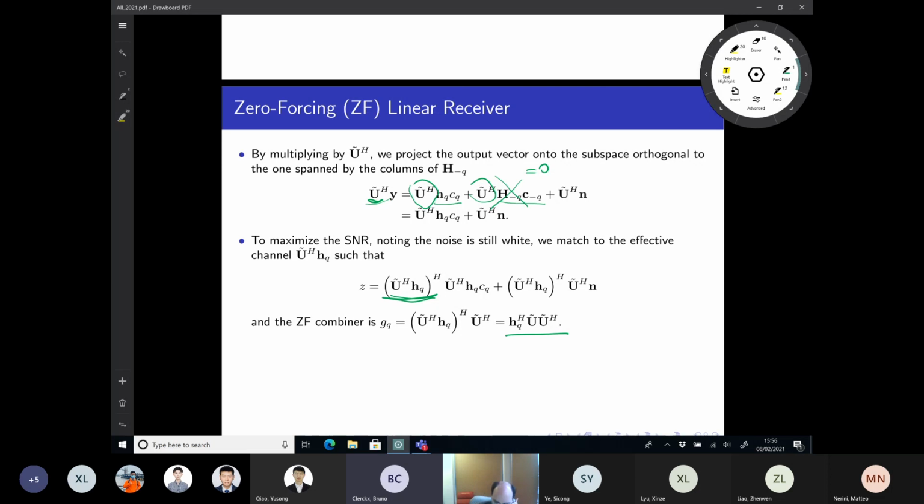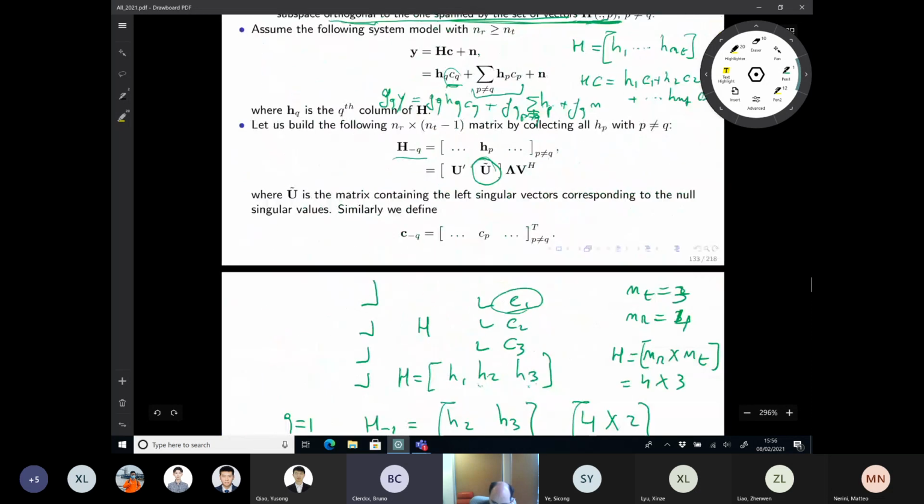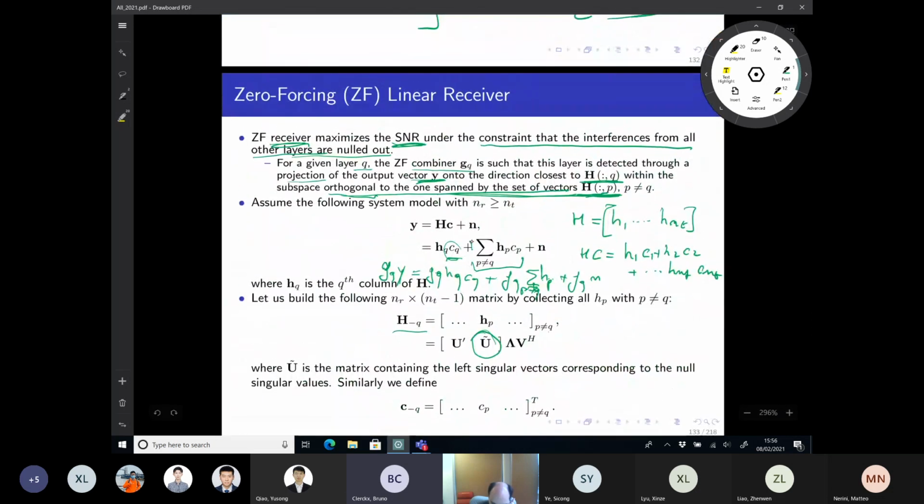So in the MMSE, what we were doing, and I will come back to this, we were seeing this as some form of colored noise, AWGN plus some interference, and we were trying to whiten this, right? So by doing this, we don't only take into account the interference term, we also take into account the noise. This is what we're going to come back to in the MMSE next lecture.